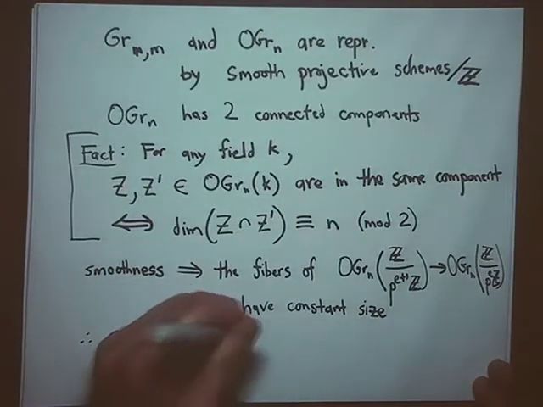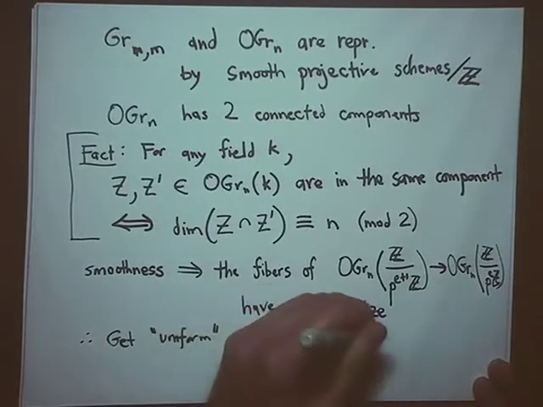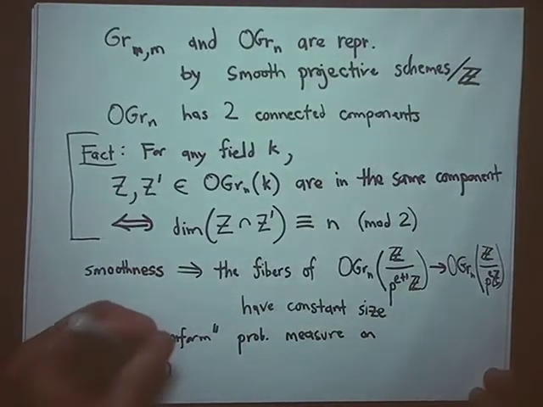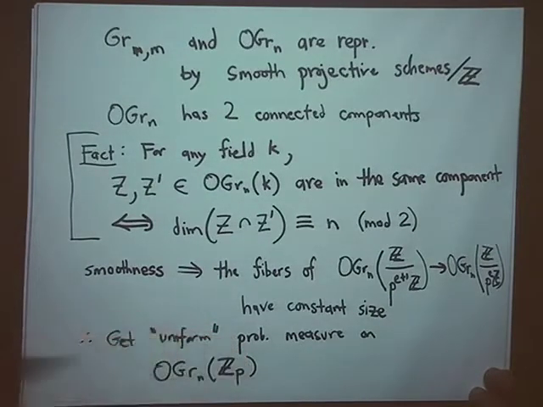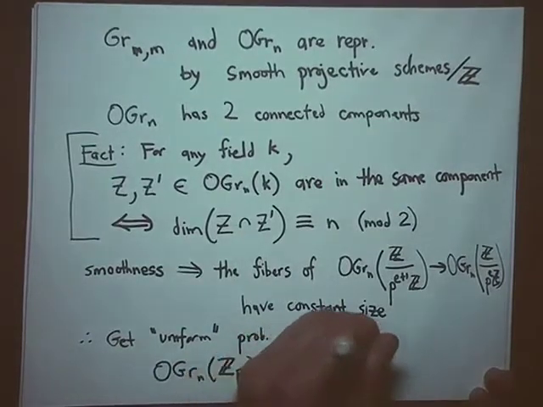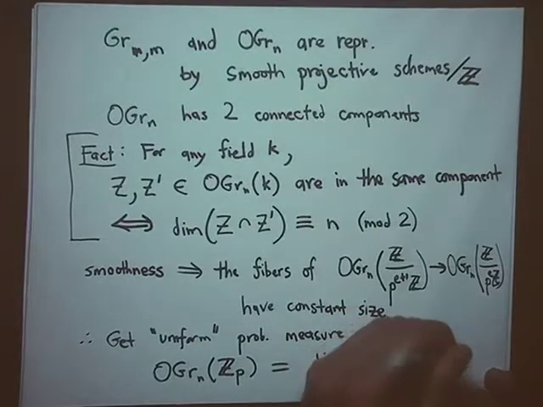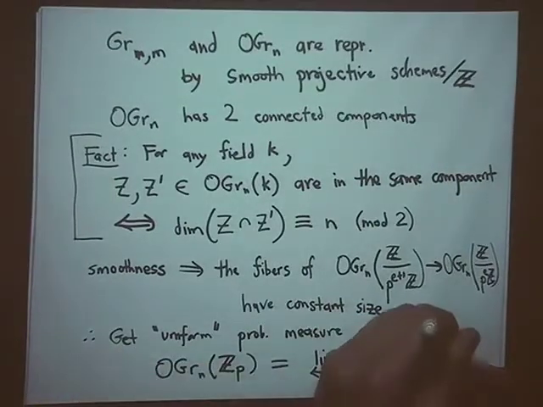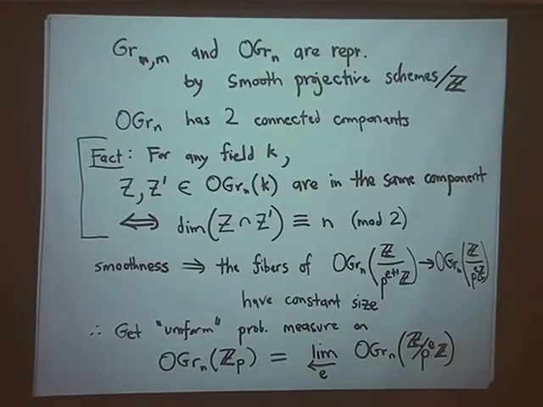So get a uniform probability measure on ogre n of Z_p, which is the same thing as the inverse limit of these finite sets. It's kind of like a Haar measure on this. I mean, it's not a group, but it's some profinite set.